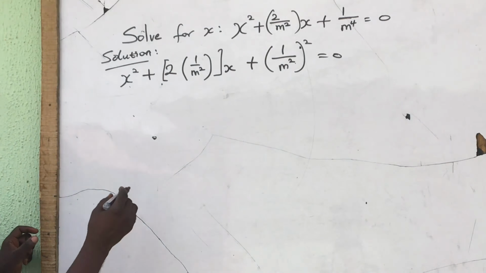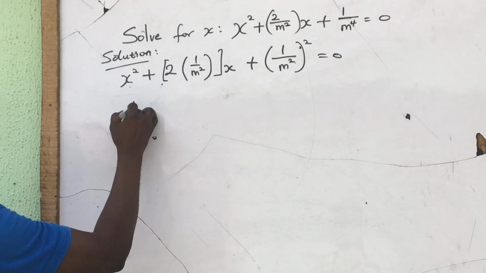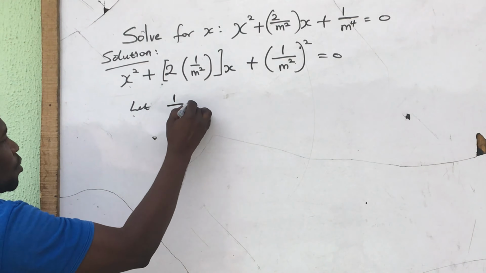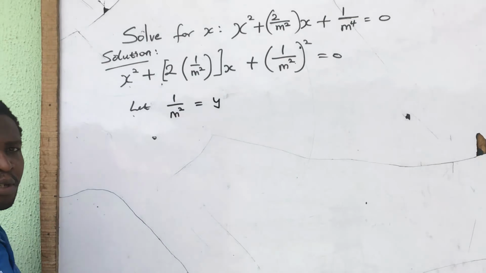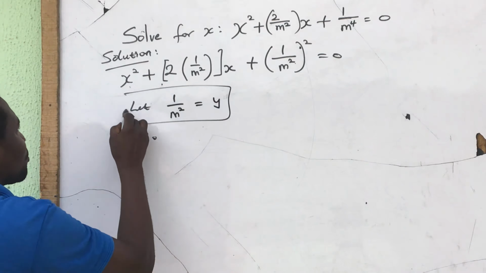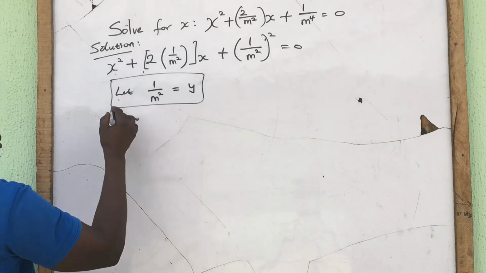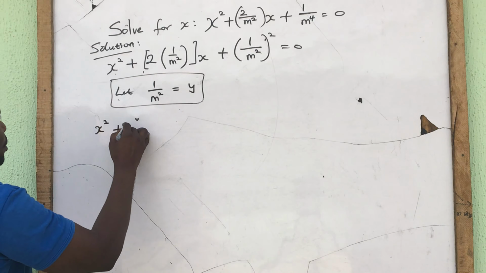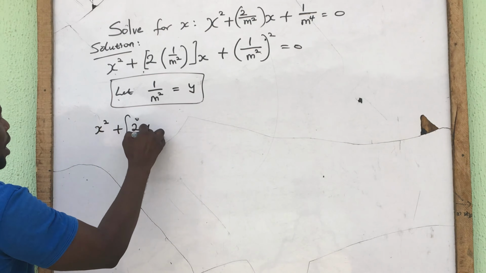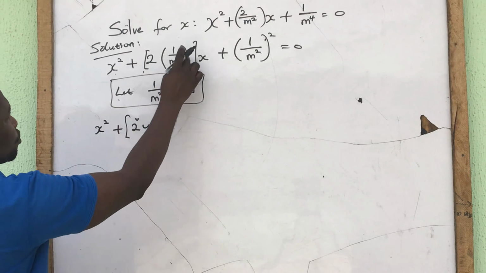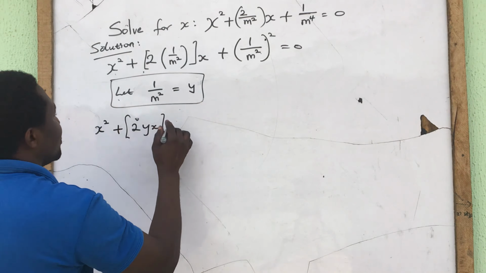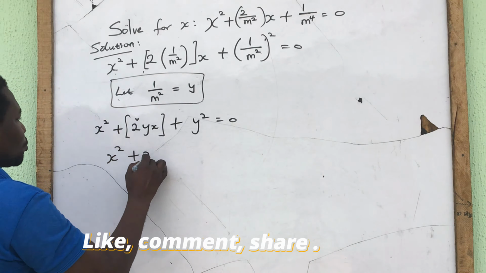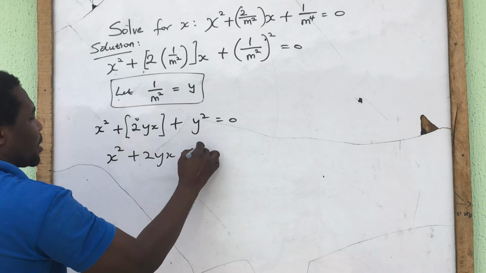So from that, you can easily say, let 1 over m squared equal y. Substituting it in this, that is x squared plus 2yx plus y squared equal to 0.